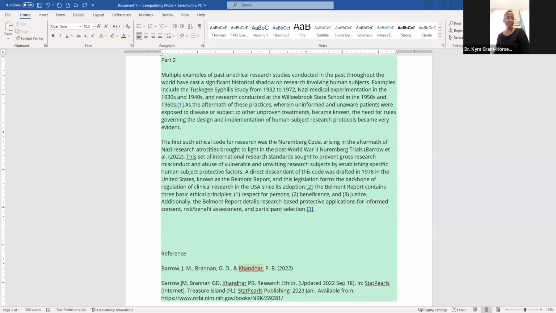Dr. Hill? Yes, ma'am. In the APA, I understand parity, but in the APA, it is called in-text citation. That may cause some confusion if they're looking up the word parity in the index. Well, an in-text citation, and thank you, Kim, is just a citation in the text. Parity is where you pair your citations with a reference.